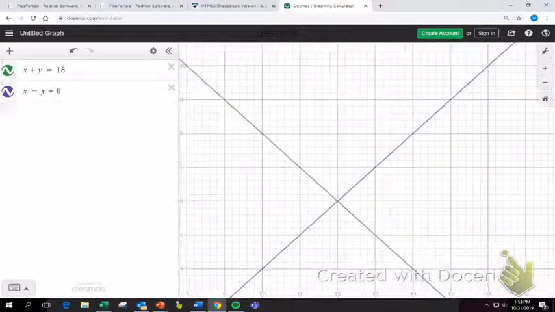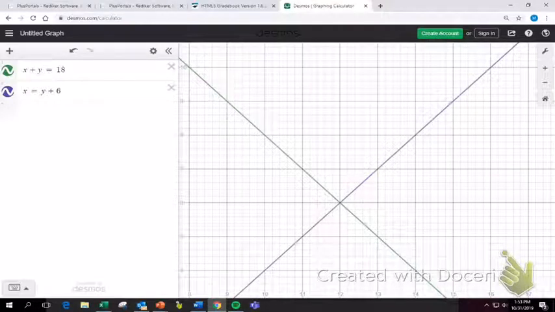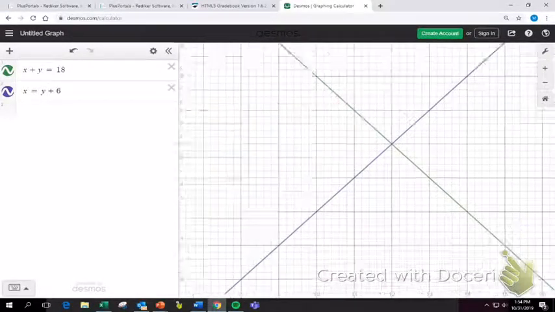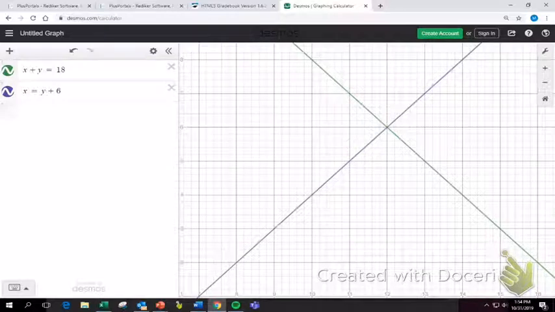All right? If I move it around, here they are. Also, since our graph is counting by 2s, what kind of coordinates would probably make our life the easiest? Even coordinates or odd coordinates? Evens. We're counting by 2s, so even coordinates.